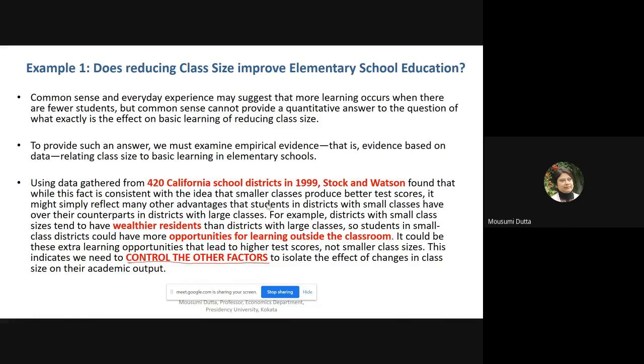So econometric tools will help you to consider this kind of controlling factors and really find out what is the reason of this particular result, why we are getting this particular outcome, which economic theory fails to assess, or economic theory fails to give any proper direction regarding this kind of questions.